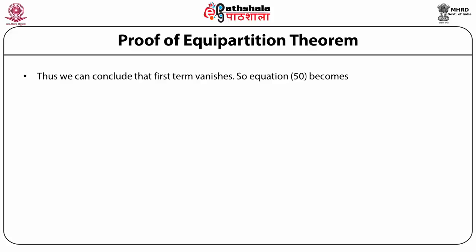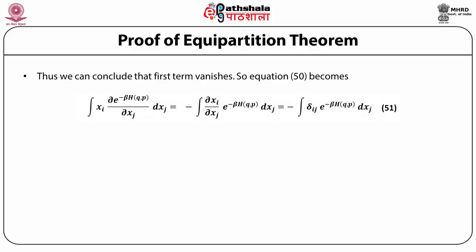So equation 50 becomes the integral of xi multiplied by the partial derivative of e raised to the power minus beta H(q,p) with respect to xj over xj, which is equal to minus the integral of the partial derivative of xi with respect to xj times e raised to the power minus beta H(q,p) dxj, which is equal to minus the integral of delta ij e raised to the power minus beta H(q,p) dxj.